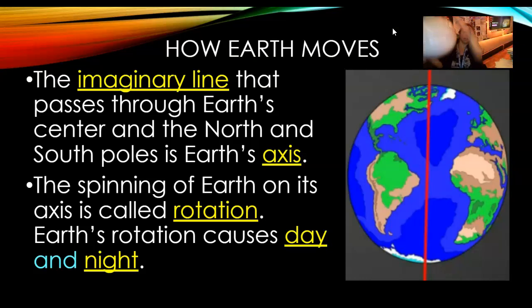Imagine that that's a line straight down, right? The spin of the Earth is also called the rotation. The spin of the Earth, how long it takes to go in one full circle, is a day and a night, 1 day, right? 1 24-hour day.